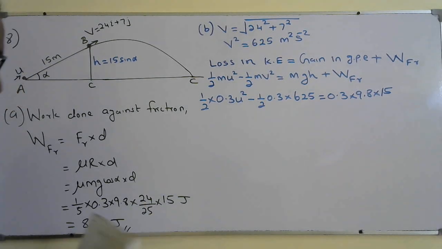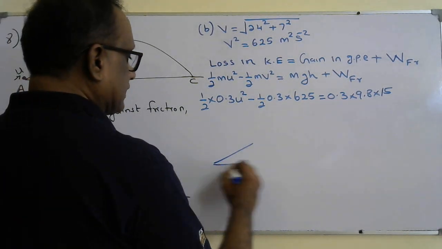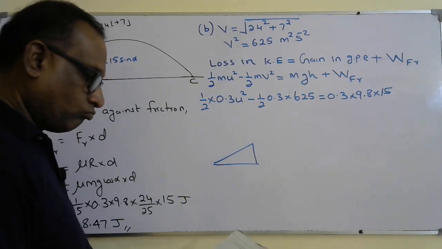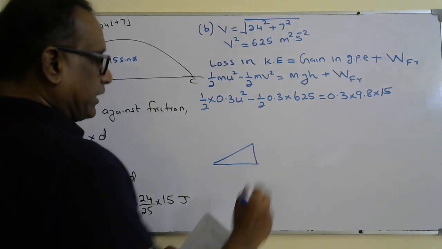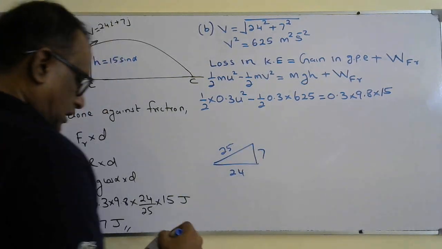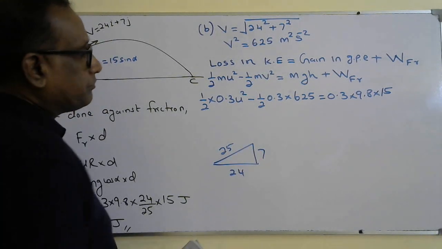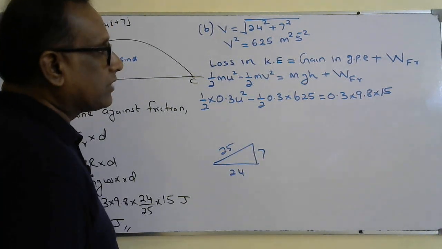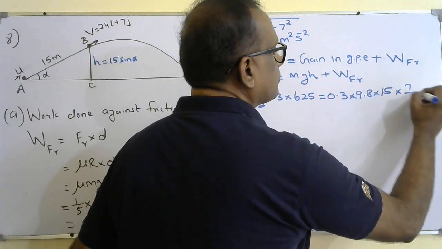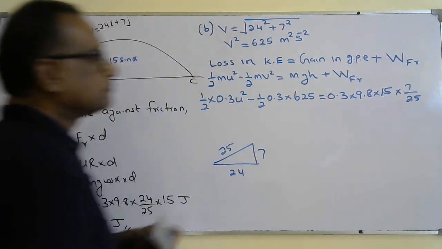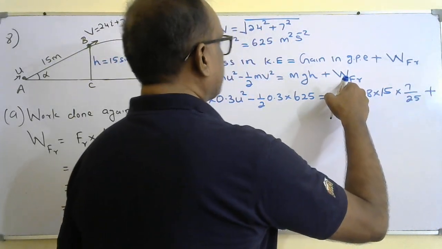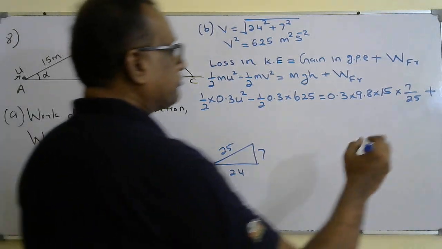If I draw, I erased it. We know tan alpha is given, 7 by 24, 7, 24, this is 25. So sine alpha means 7 over 25, plus work against friction, we found it, that is 8.47.